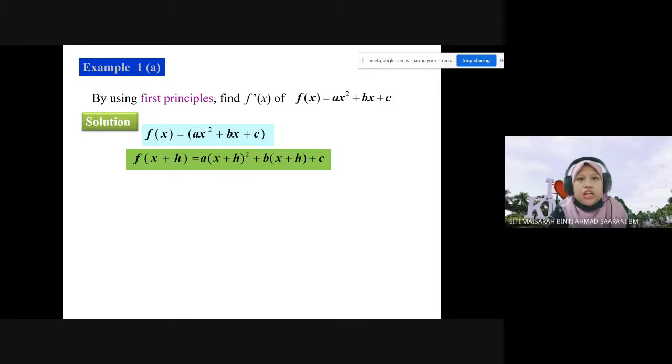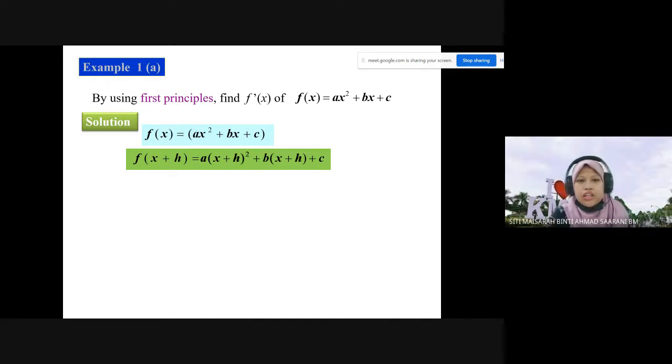The given f(x) is ax squared plus bx plus c. And then for f(x plus h), you substitute x by x plus h. So maksudnya di sini, kalau f(x) is ax squared plus bx plus c, f(x plus h), kita tukarkan x itu kepada x plus h. So then it becomes a times (x plus h) squared plus b(x plus h) plus c. Tukar je x tu kepada x plus h.